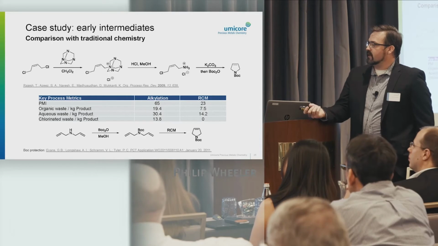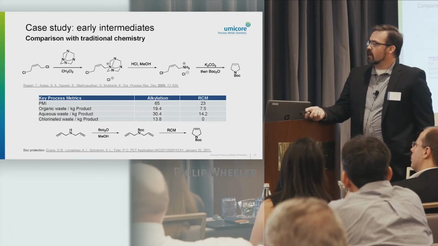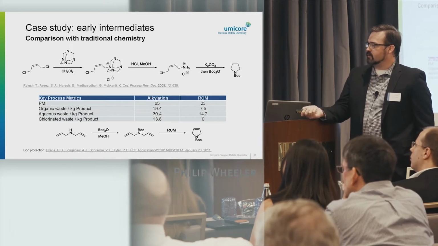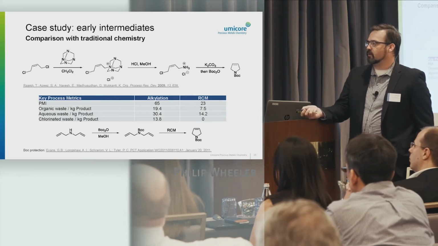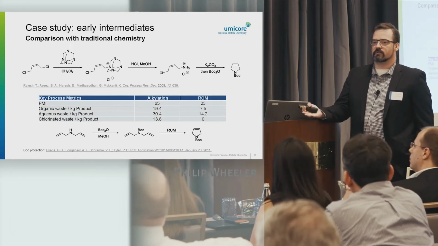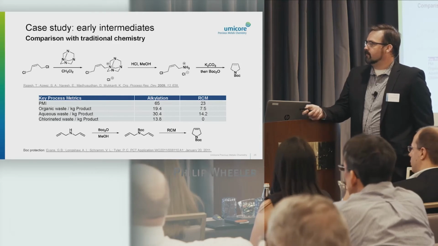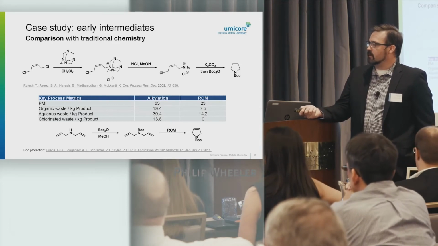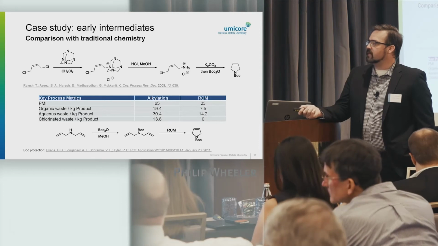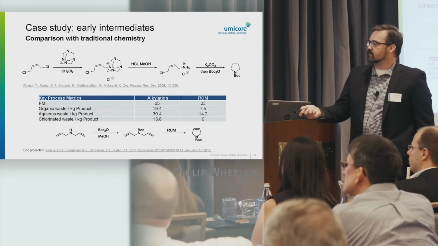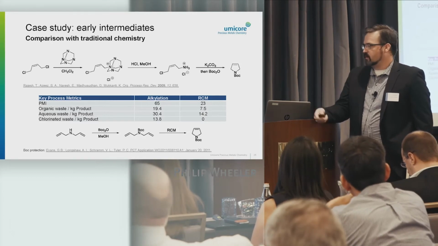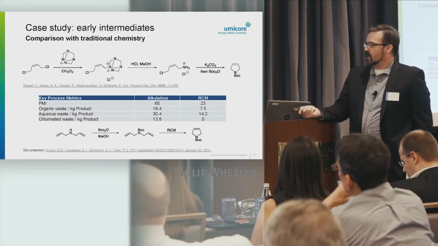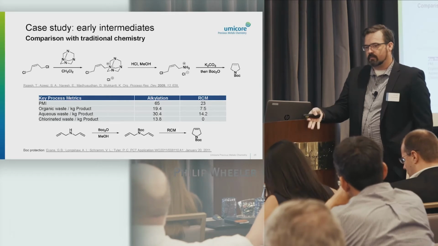If you contrast that with the RCM approach, I think we actually purchased the N-Boc diallylamine, but for the sake of argument, I'll trace it all the way back to diallylamine, which I think everybody can agree is quite readily available. You can do the Boc protection, and actually this is where most of that 23 PMI comes from, because that's a traditional reaction in an organic solvent with a workup and everything. The RCM reaction, however, is run neat, with 500 ppm of catalyst.